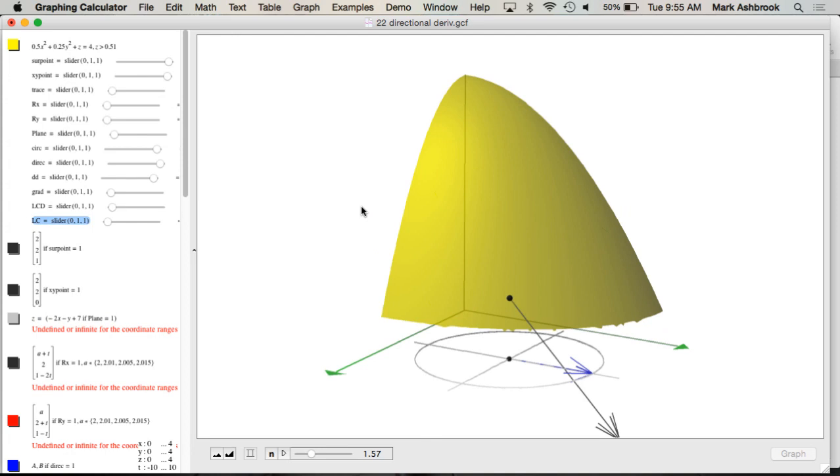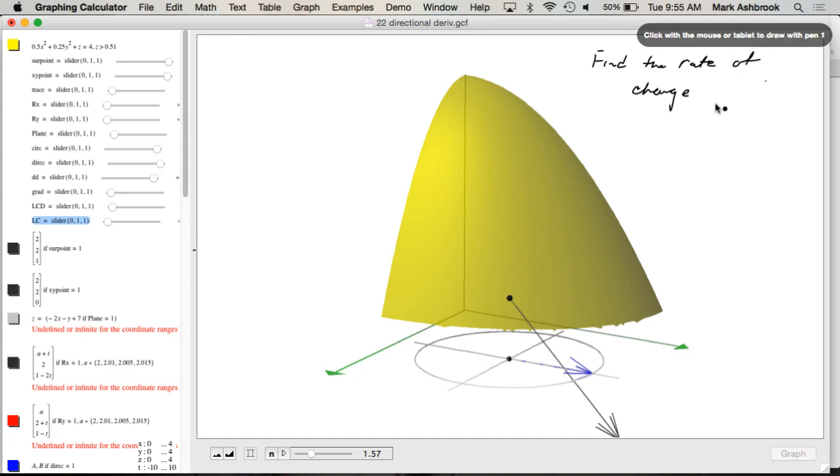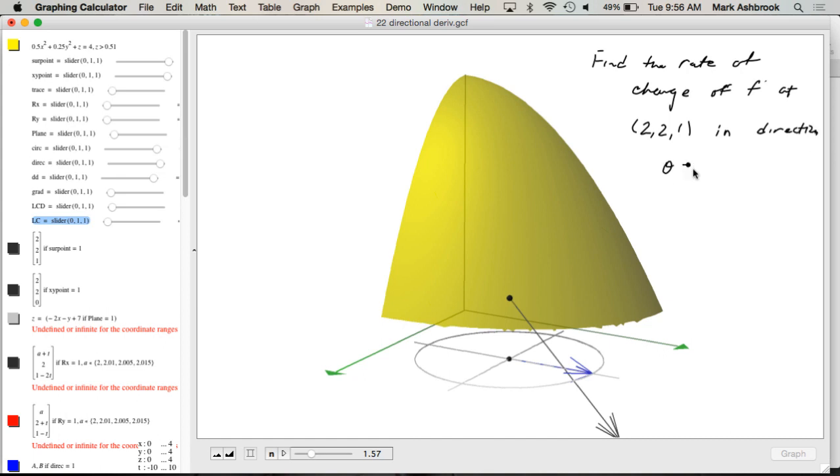Let's find the directional derivative, find the rate of change of f at the given point 2, 2, 1 in the direction theta equals, let's say, 3 pi over 4.